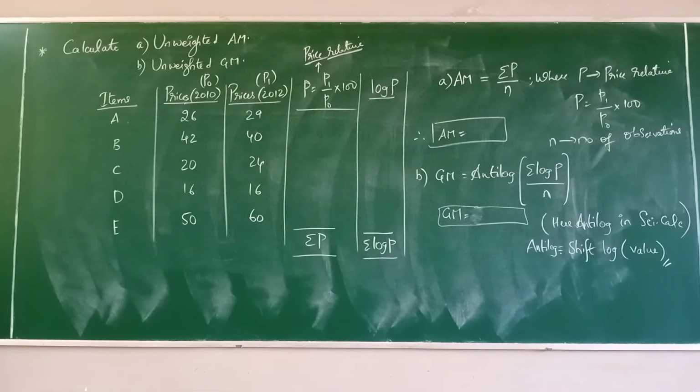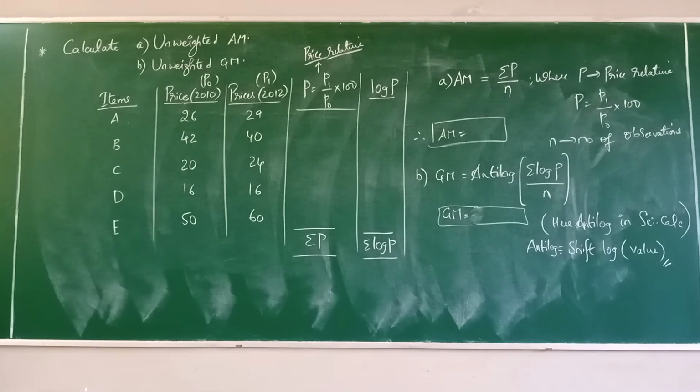For the geometric mean formula, anti-log, n is there and then P is there, but log P we need. So one more column you make, which is log P. Then after calculating the P, the log P individually, you apply the log values and find out the total of log P. And then substitute in the known formula, that is anti-log of summation log P by n. First you complete within the bracket term, log P by n.